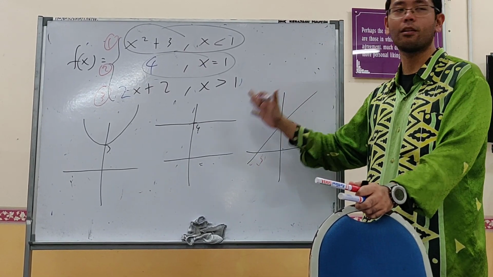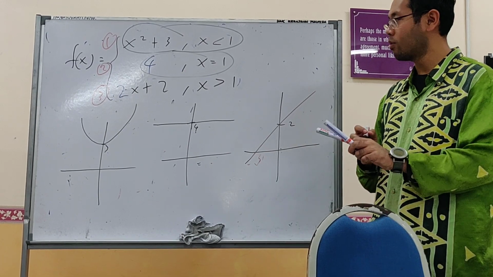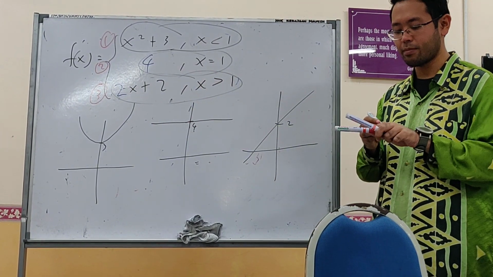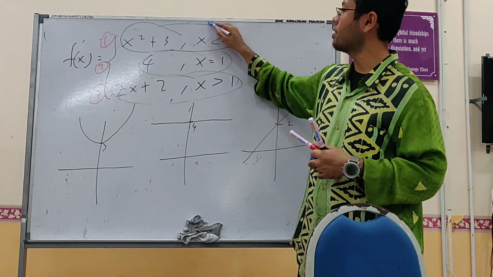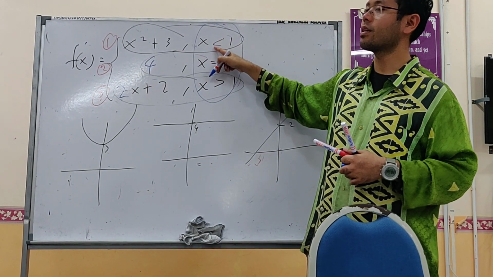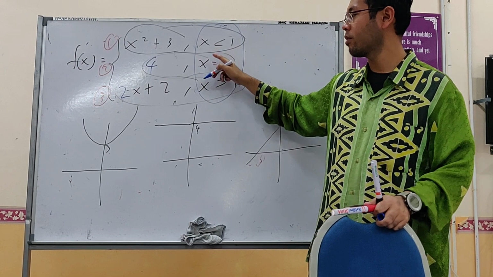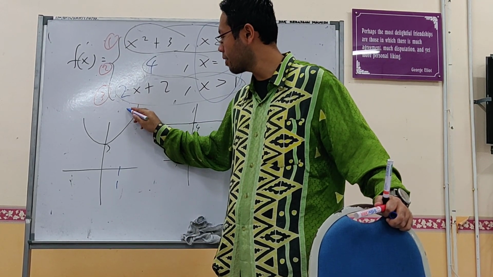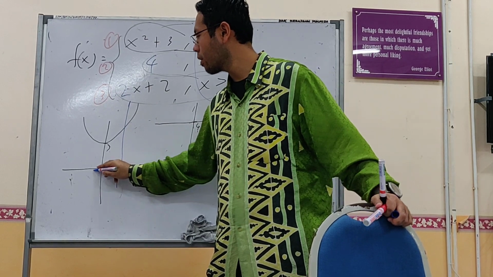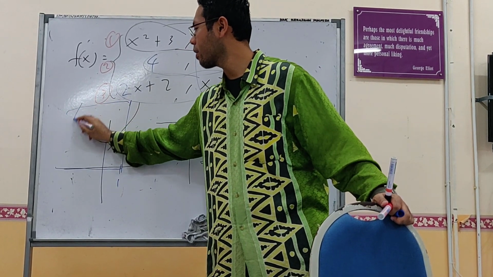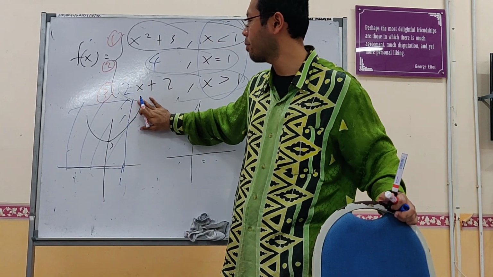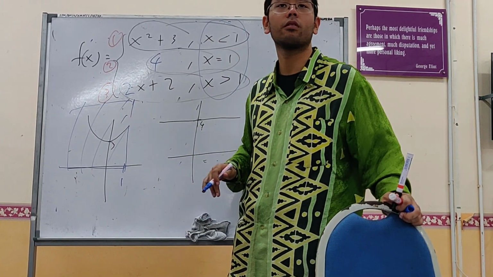The only thing that might scare you a bit is how to combine them. Now you need to start configuring this. It's saying here x less than 1. So if here is 1, I'm only considering this part. I don't care about the right side, I can rub it off.